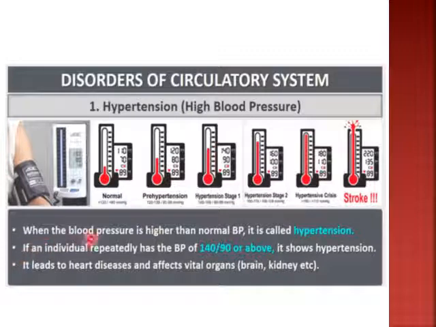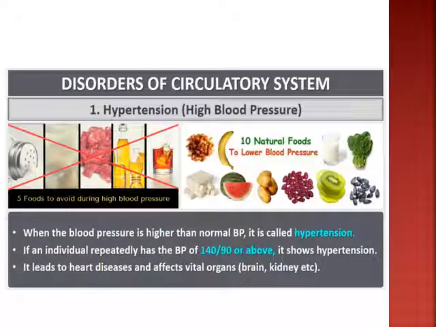So when the blood pressure is higher than the normal BP, it is called hypertension. If an individual repeatedly has a BP of 140/90 or above, it shows hypertension, and it leads to heart disease and affects vital organs like the brain and kidney.